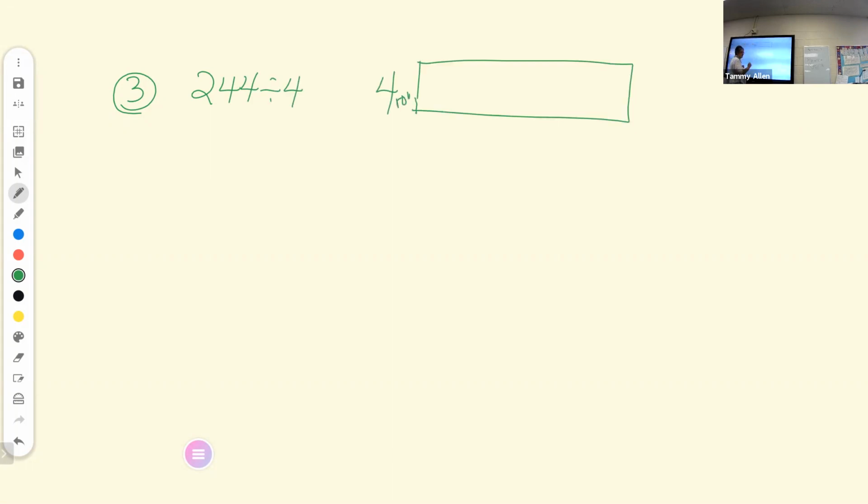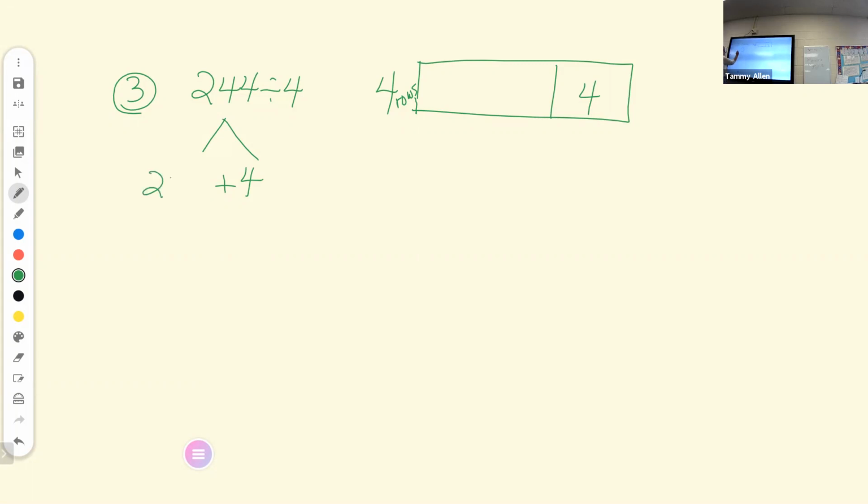Does that make sense? How can I divide 244 up with multiples of 4? What do you see there? Charles? 4 divided by 4. So 4 is going to be over here, right? If I take out 4, what does this leave me with? What does it leave me with? 140. Look again. 100.